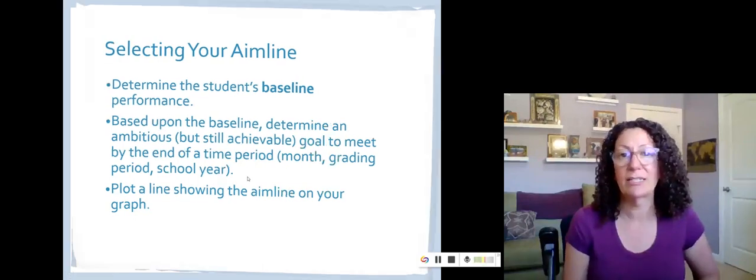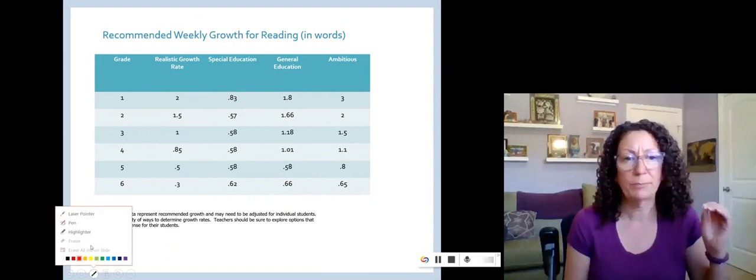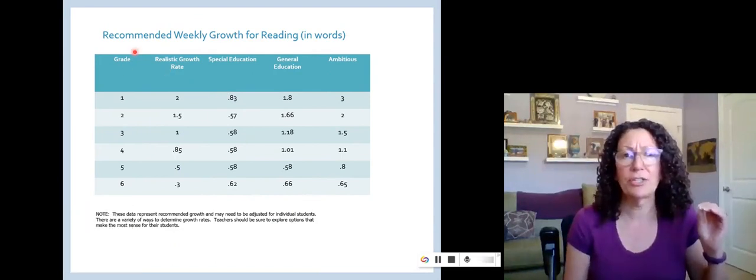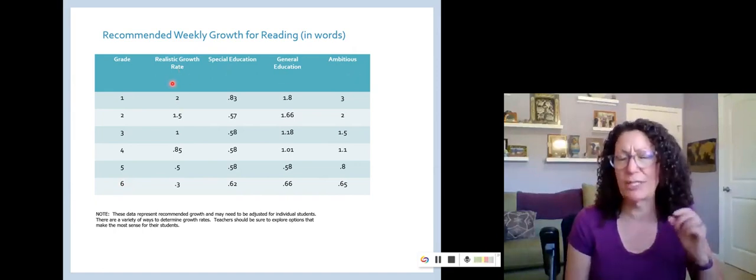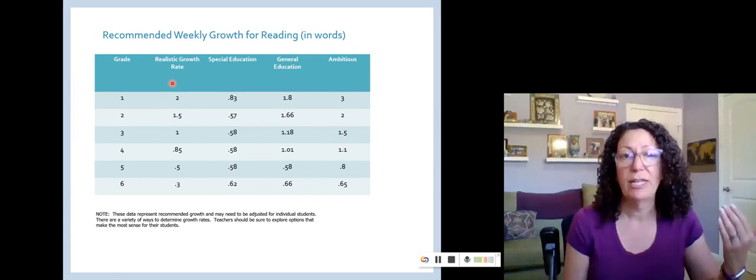So my next slide is a chart, and there's a chart similar to this in the book. This chart is just showing by grade level different research established rates of growth for reading, oral reading fluency. So how many words per week can we expect children to learn? And in the case of the second grader, it's the example we're kind of going to follow in creating this graph.